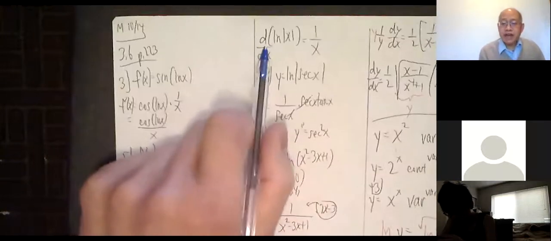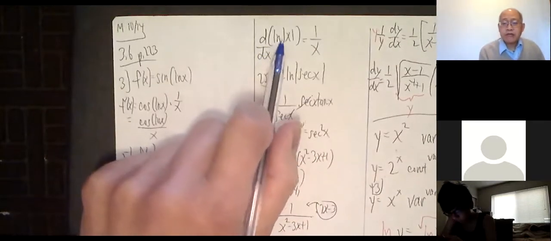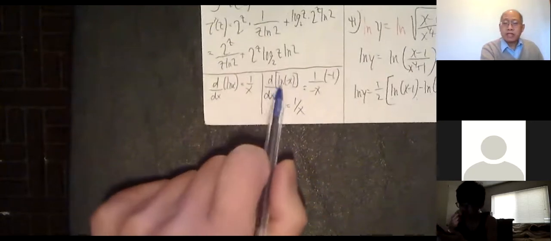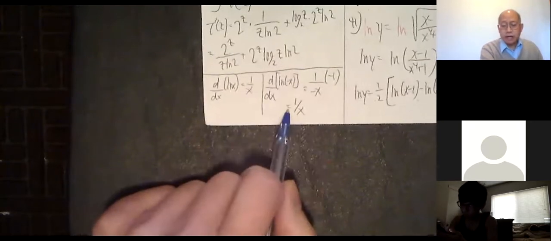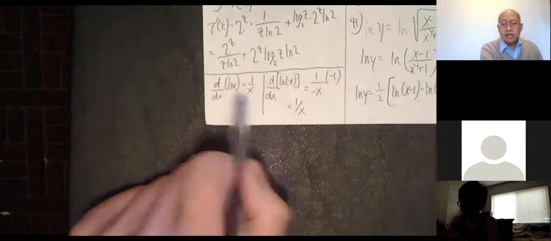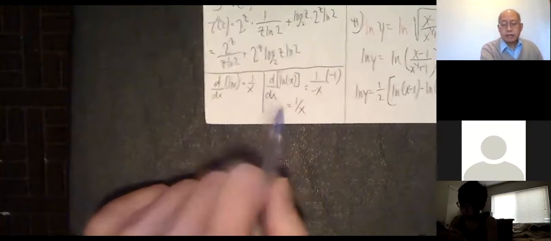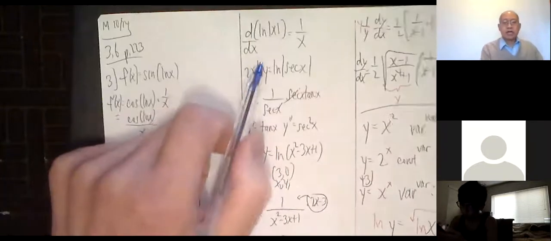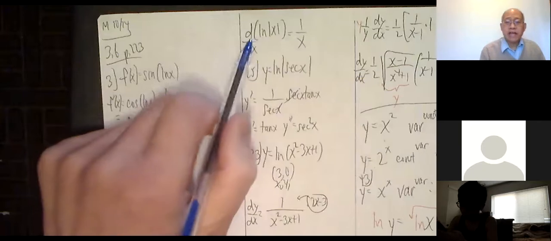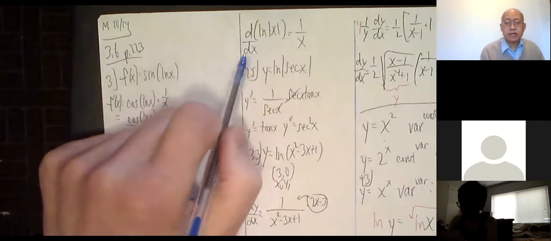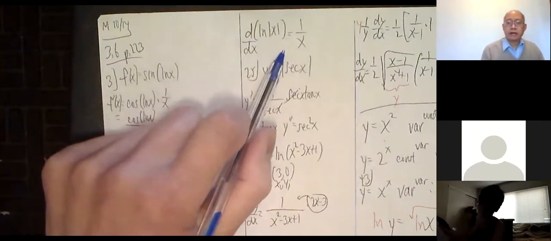It might be negative x. If the absolute value of x is negative x, then I'm doing this. But we've already seen, even in this case, I still get 1 over x. Okay? So in either case, whether I have x or negative x, the derivative comes out to be 1 over x, which now allows me to say the derivative of ln absolute value of x with respect to x is now 1 over x. Okay?